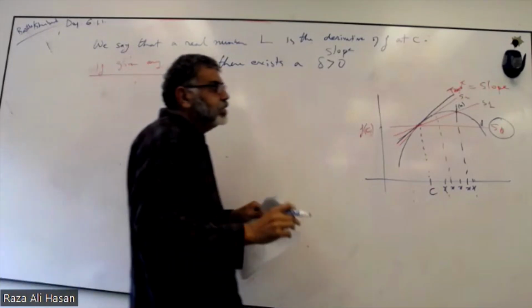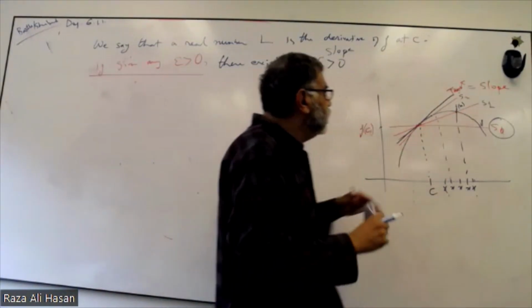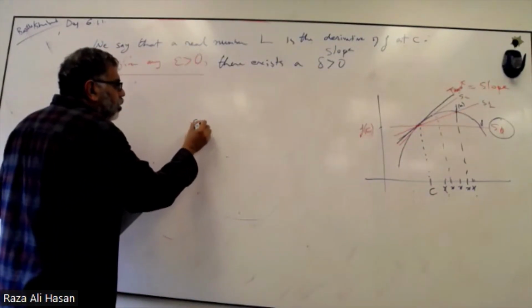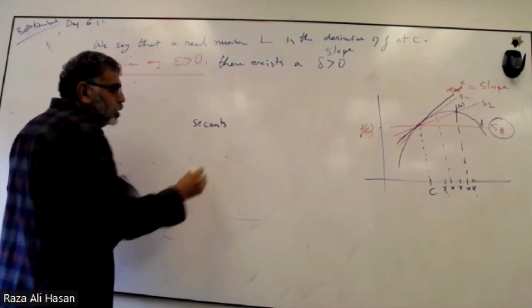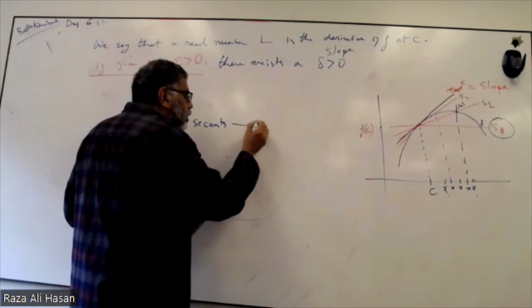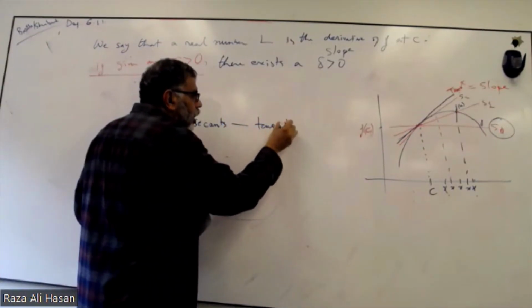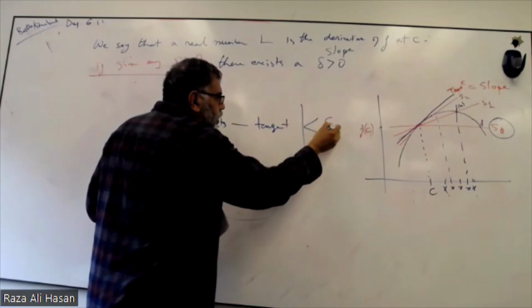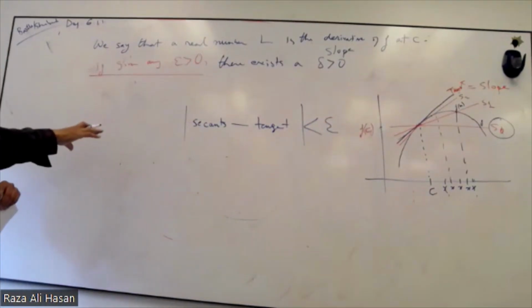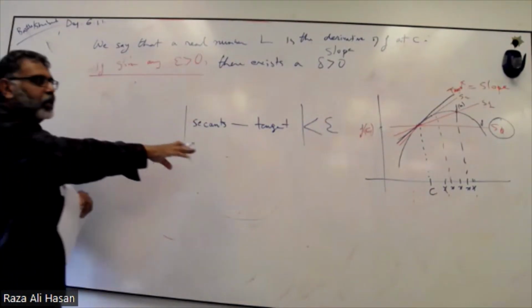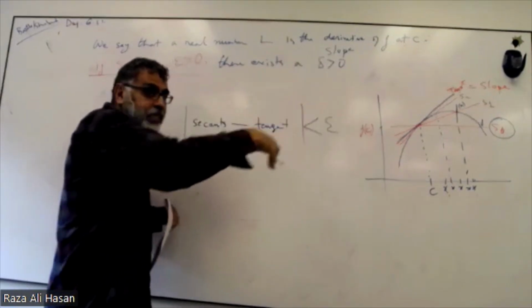So how do I say all the, so I'm going to say what? All the secants are within epsilon distance. This is our second condition, not the first one, because epsilon is always about this side here.